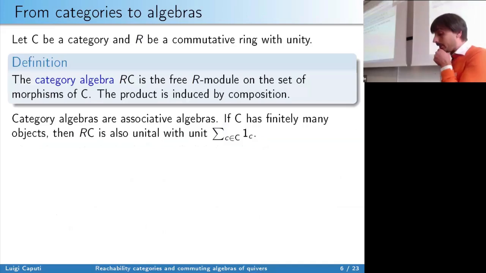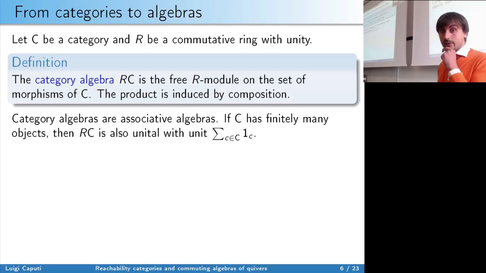So this is the first representation of graphs. For each graph, we can associate a category, but there are other representations of the category of graphs in, for example, algebras. The easy way to associate an algebra to a graph is through categories, by constructing the category algebra of a category, which I remind you is the free algebra generated by the morphisms in the category.